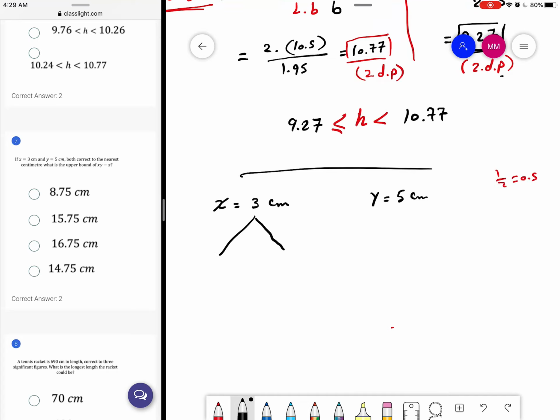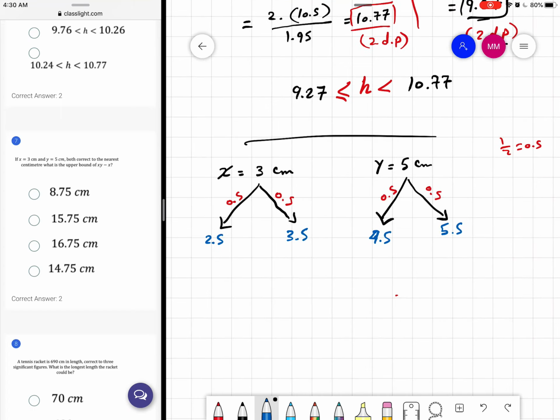So let's subtract and add 0.5 for both of them: 0.5 here for subtraction and 0.5 here for addition. So we will get 2.5, 3.5, 4.5, and 5.5. Till now it's easy.